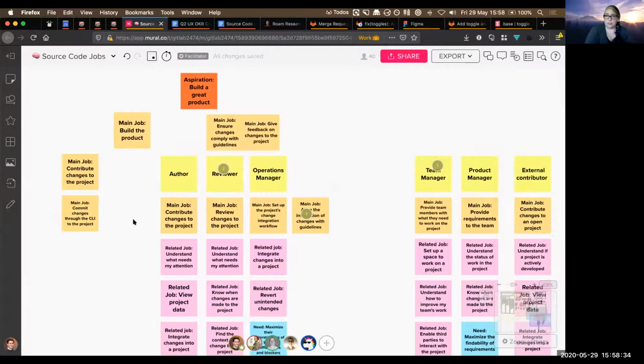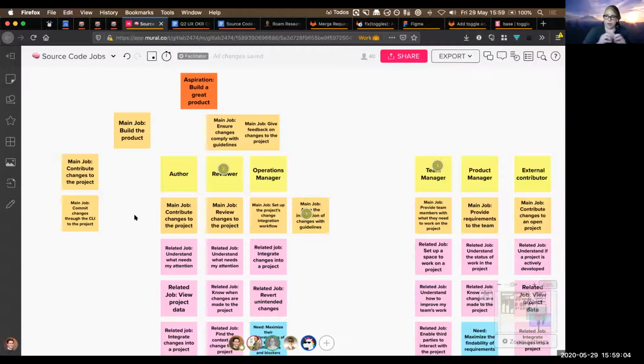That could be your second level job. Now that might be a more specific person you have in mind, but you never actually say it's always the author. When you do your user scenarios or your user stories, it's, as the author, I need to commit changes through the CLI to this project so that whatever. As a reviewer, I need to approve changes to the project via the CLI so that I can, because.